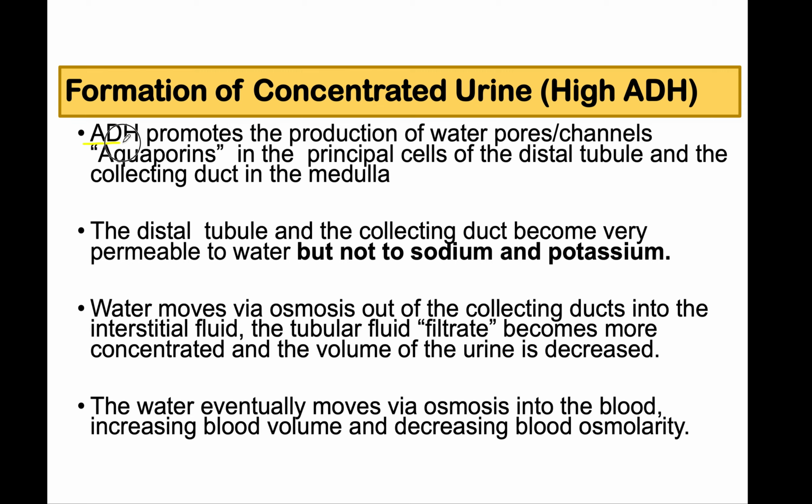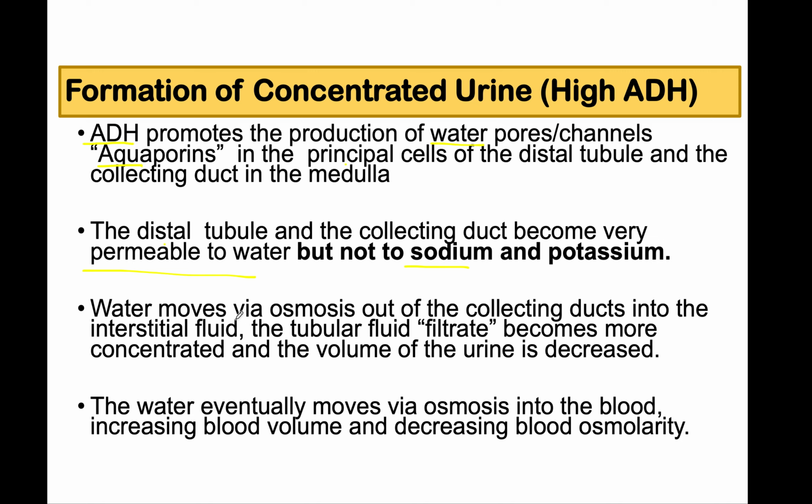So ADH produces these water pore channels called aquaporins in the principal cells, and the distal tubule will become very permeable to water, but not so permeable to sodium and potassium.